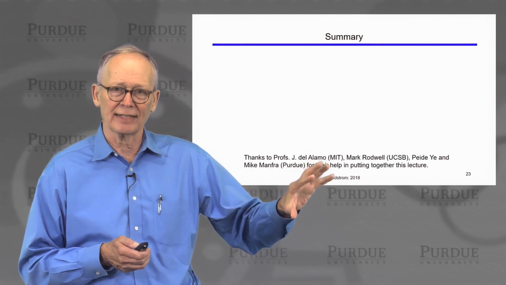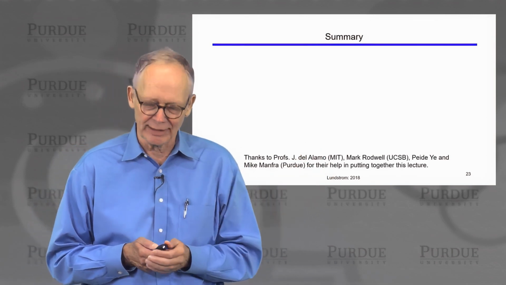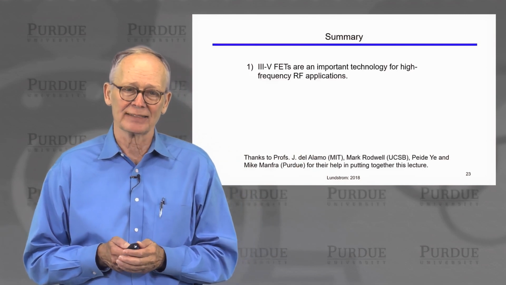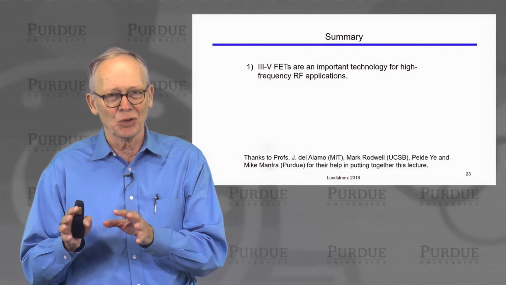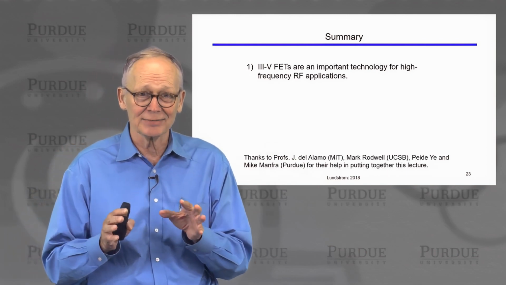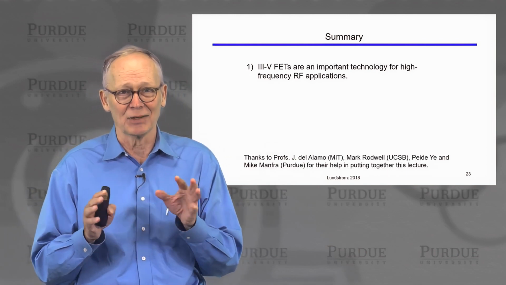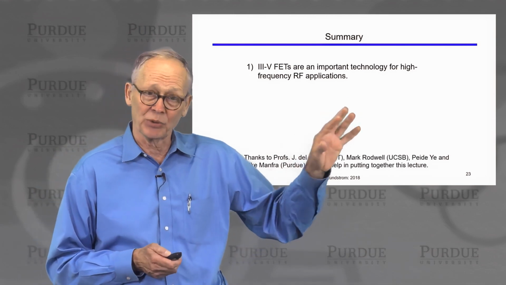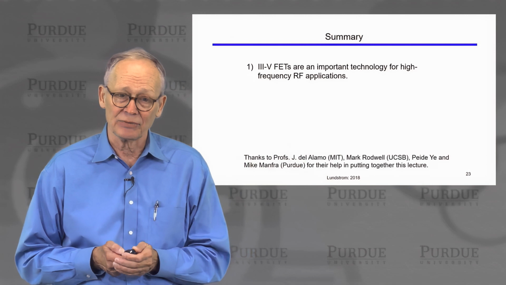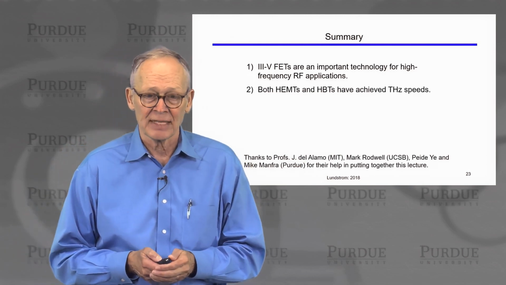So first of all, I'd like to thank a few of my colleagues for helping me put together this lecture, and then let's summarize some key points. We've had a very quick look at a transistor that you should know exists. You should know a quick look at how it works and what its applications are. So these are an important technology for high-frequency RF applications.